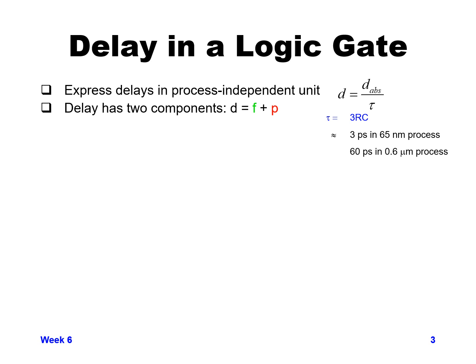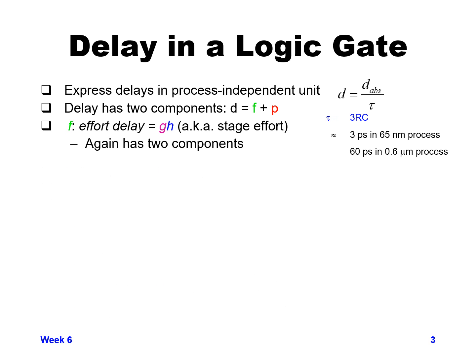So now that we know that, let's go into the components that make up what a delay through a logic gate would be. So the delay is equal to the value f plus the value p. And I'll go into those. The f value is a delay that is the effort delay.